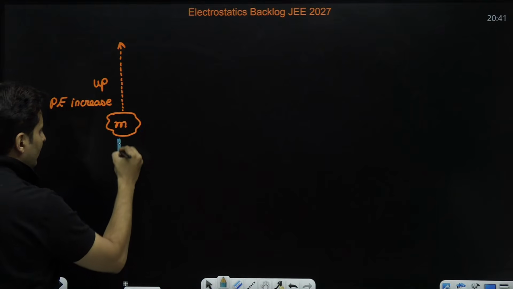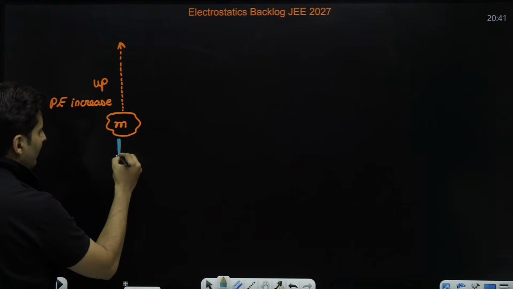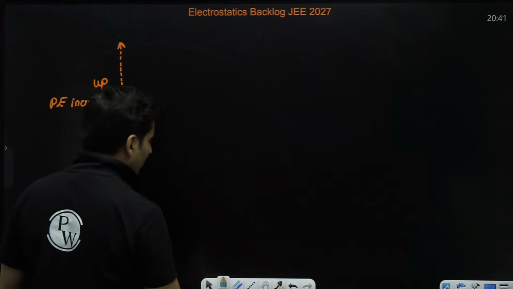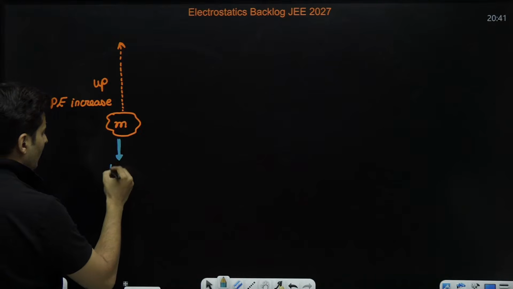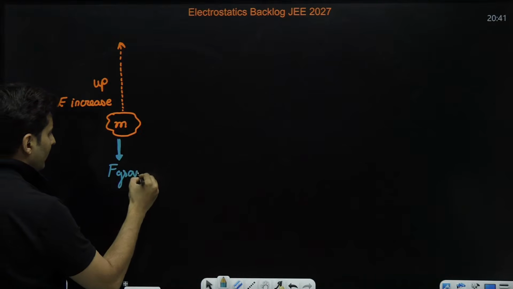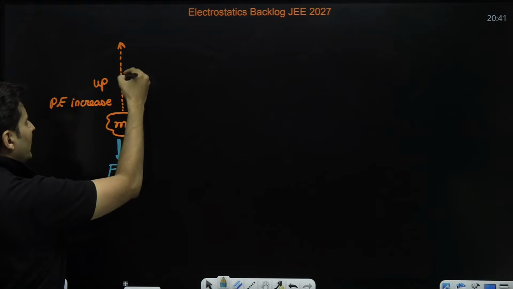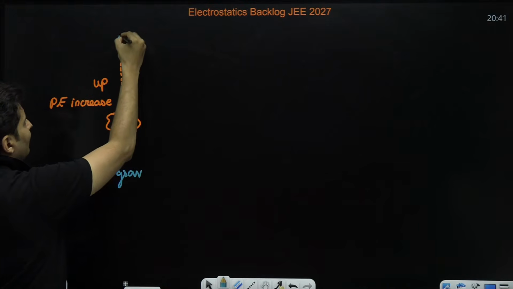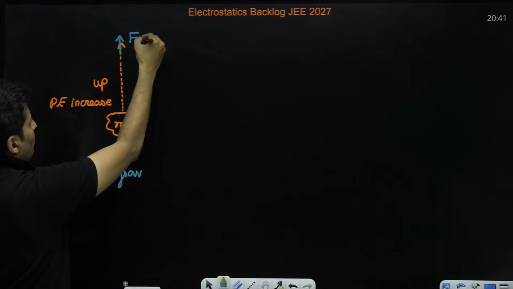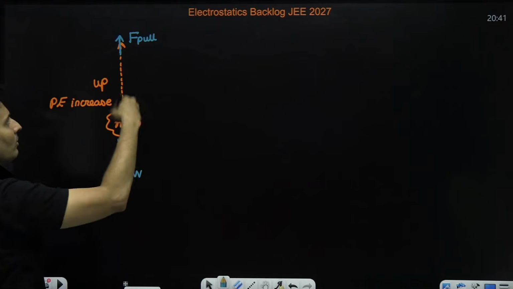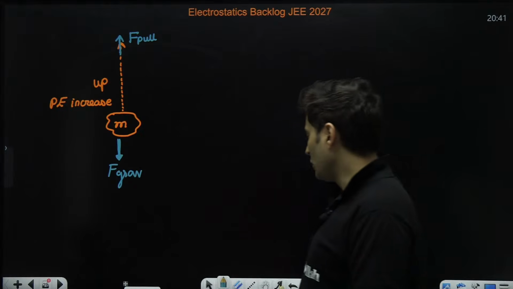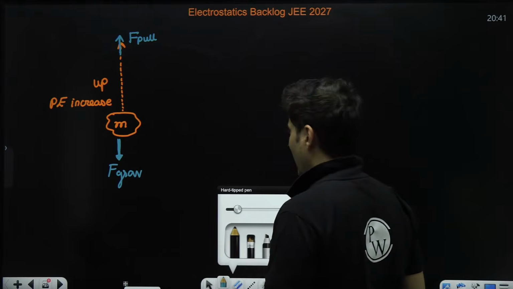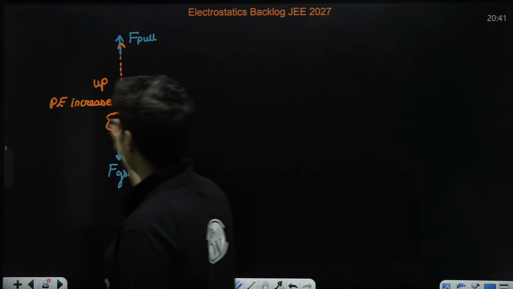Gravity will act down, and this will be your force of gravity. Whereas because I'm pulling it up, my pulling force is going to be opposite to gravity, otherwise it will not come up. So let us say I do this process very, very slowly.